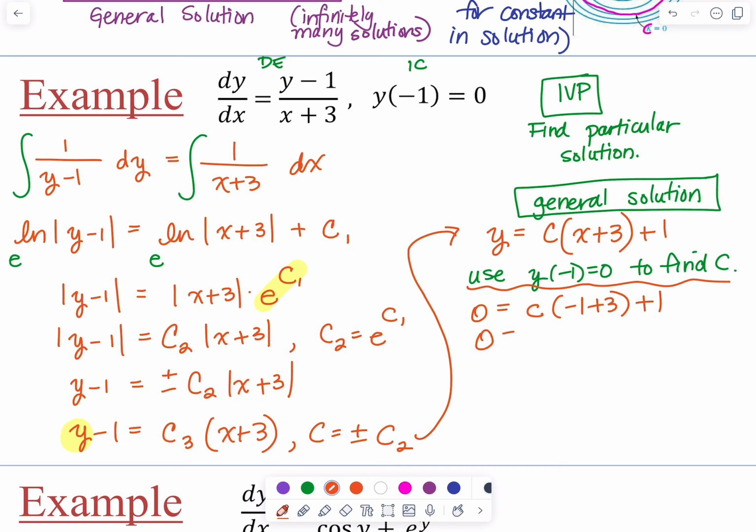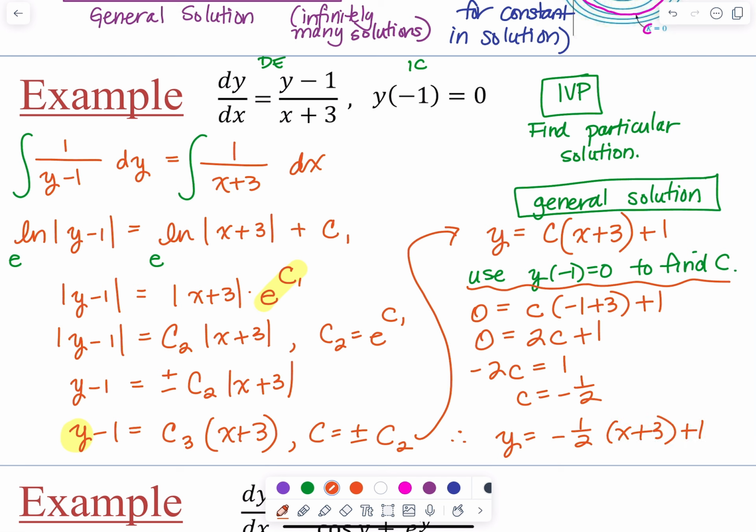So we have 0 equals 2c plus 1. So we have negative 2c equals 1, and c is equal to negative 1/2. Therefore, y is equal to negative 1/2 times (x plus 3) plus 1. And this is our particular solution, our solution to the IVP.